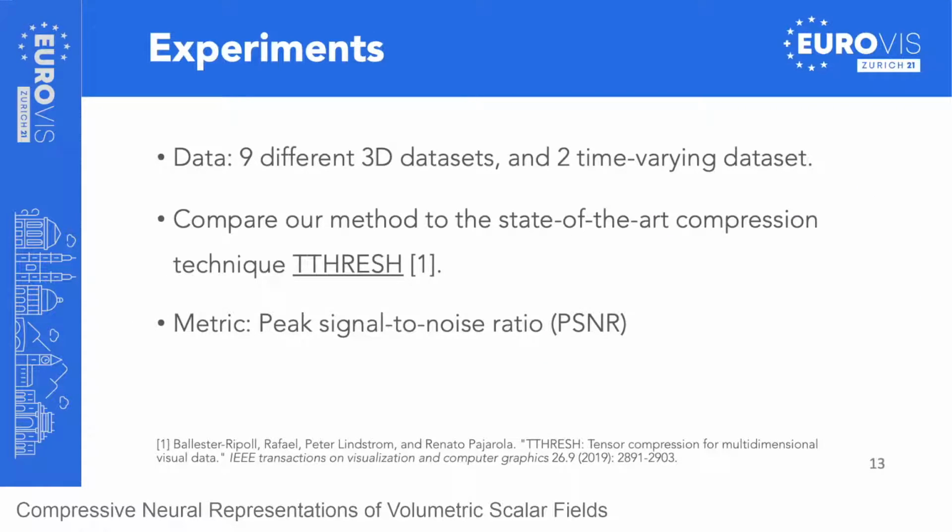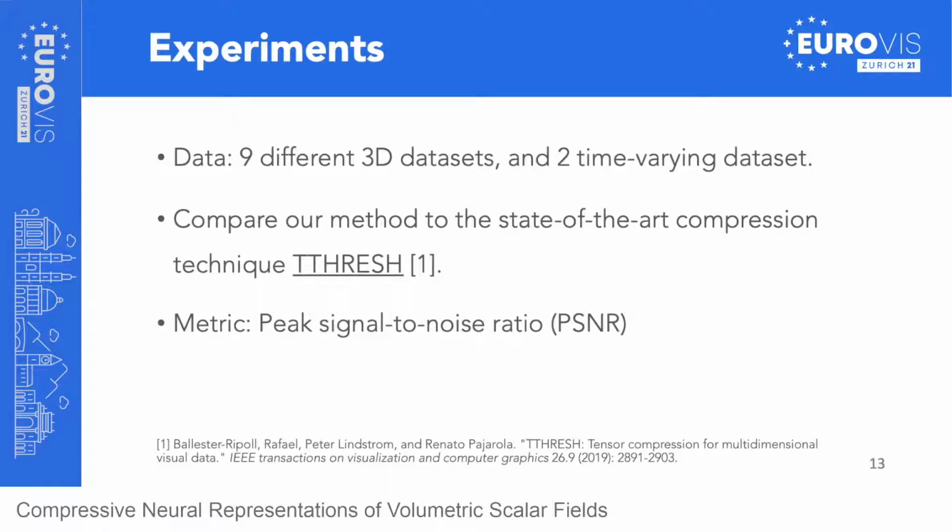To evaluate our approach, we run our method on a variety of datasets at different levels of compression. Moreover, we compare our method to the state-of-the-art compression technique, TTHRESH, a method for compressing arbitrary tensor data. Note that we limit our comparisons only to where TTHRESH has already demonstrated superior results to a variety of existing compression methods.